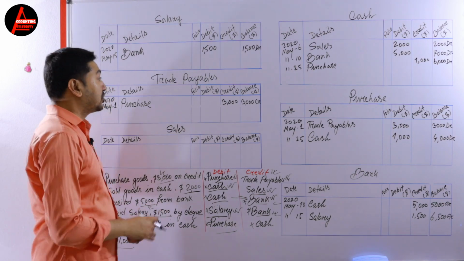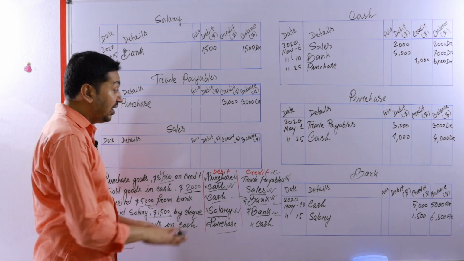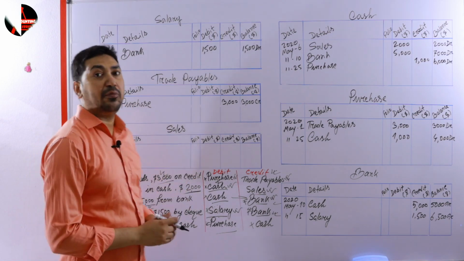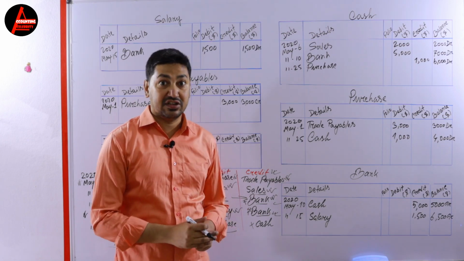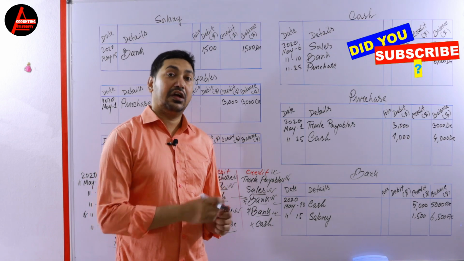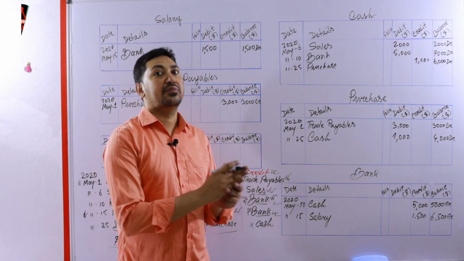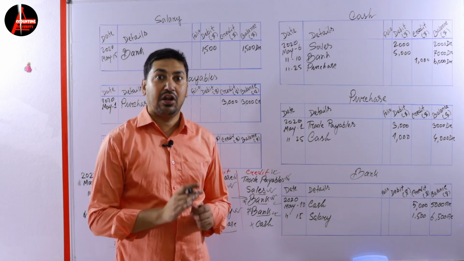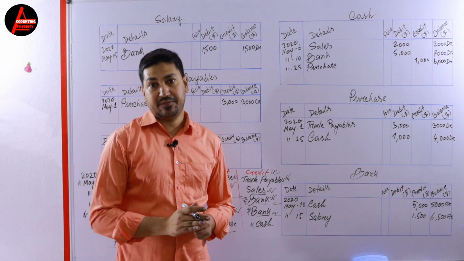Before doing these ledgers, you need to know double entries, how to generalize a transaction. This is very important to learn ledgers, whether it is a T account ledger or a three column running balance format ledger, whatever you call it. First of all you need to know the double entries.